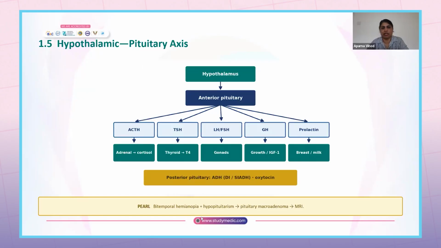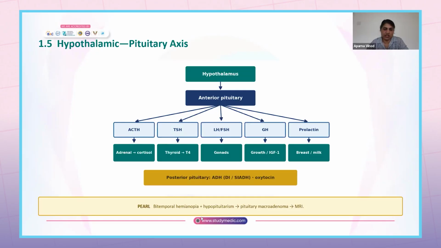This is the hypothalamic pituitary axis. Hypothalamus is here. We have anterior pituitary and posterior pituitary. Anterior pituitary is responsible for the production of 6 major hormones: ACTH, TSH, LH, FSH, GH, and prolactin.